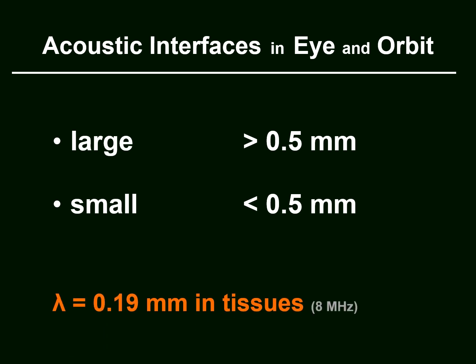And all this in the viewpoint of 0.19 millimeter of the lambda in tissues when we use the 8 megahertz that are used in standardized A-scan for the tissue differentiation.